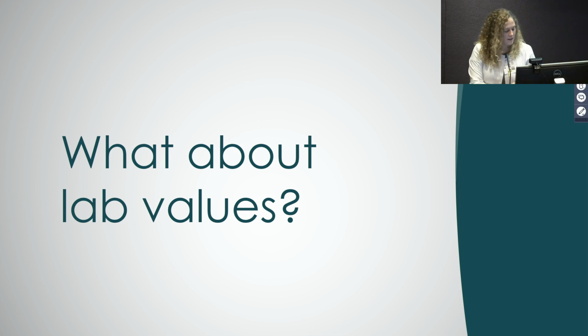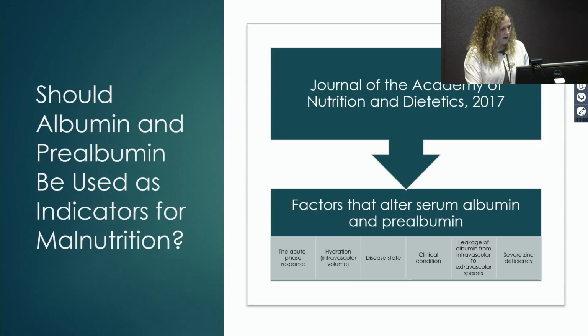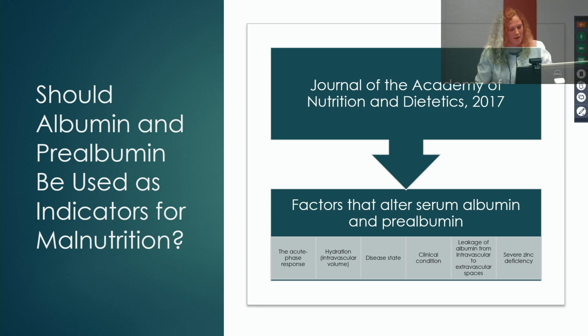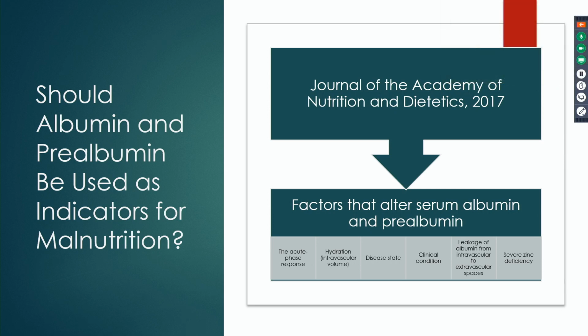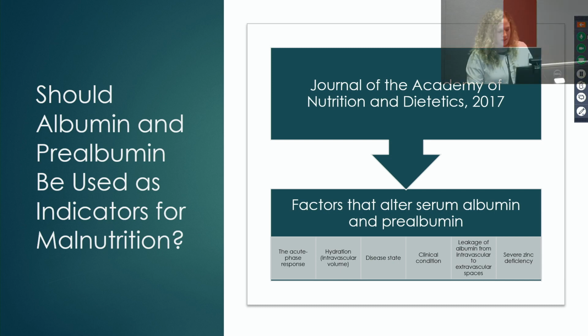The next thing we'll go through is just looking at some lab values that might pertain to malnourished patients. Historically, albumin has been used a lot for identifying malnutrition, and what we're seeing now is a lot of literature that wants to take us away from that. And you won't see albumin or any lab values used as a criterion for diagnosing or identifying malnutrition.